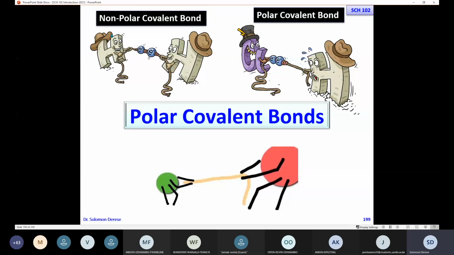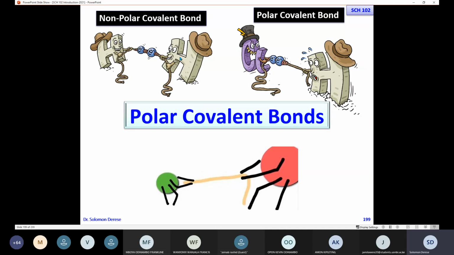Okay, so even in this particular case, as you can see, the chemical bond is between two identical elements, between two hydrogen atoms. The two hydrogen atoms have equal share of the two electrons of the chemical bond.